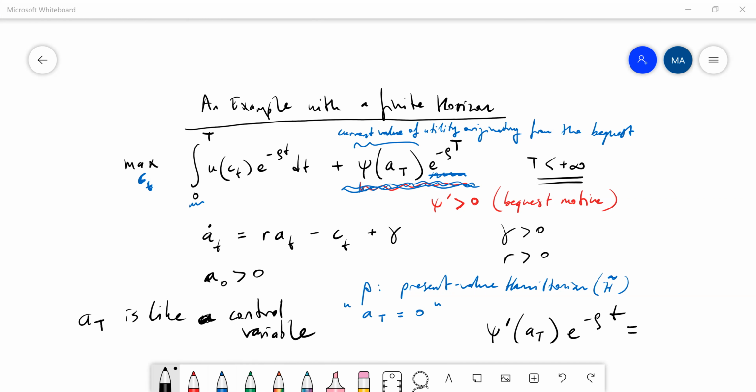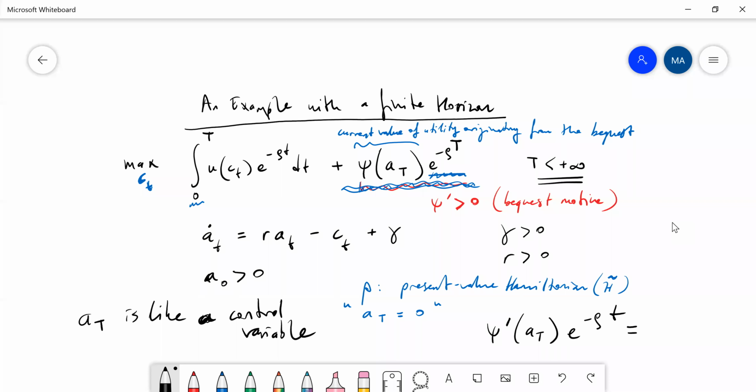My friends, it's very simple. So if this is the return of holding a particular amount of this asset, A_T, what is the cost in present value terms? 0? No, it cannot be 0.